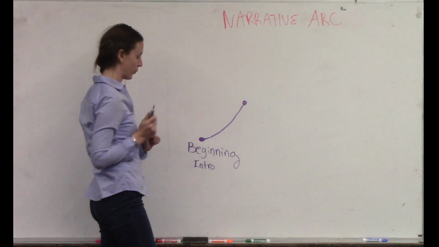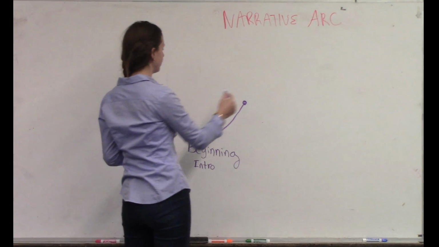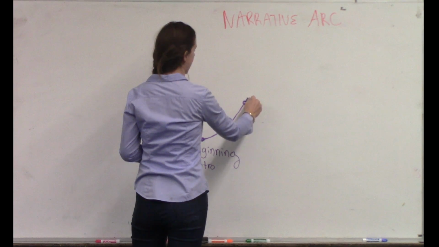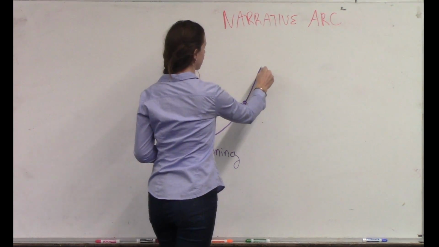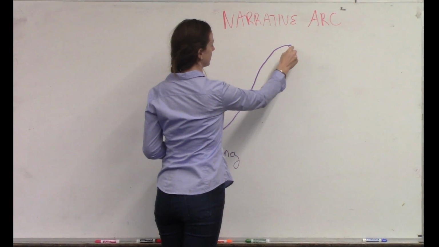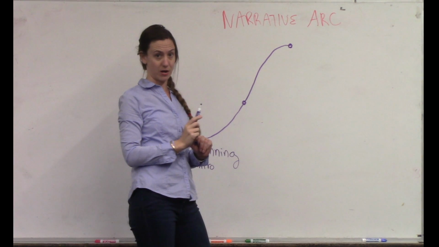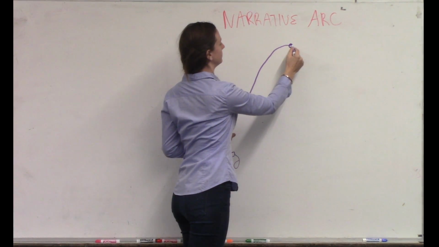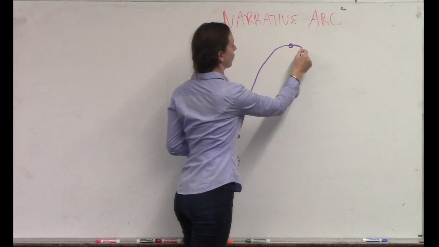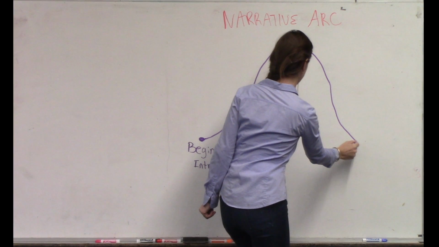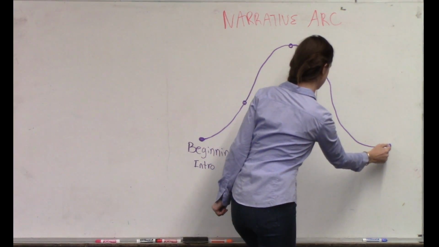So this would be scene one, the beginning, and we'd have another scene here, and we're going to keep trekking, and we're going to get to the top, and there's going to be a scene there. I'm going to draw the whole mountain and then we'll fill it in. Or arc. Try to make it as symmetrical as possible here.